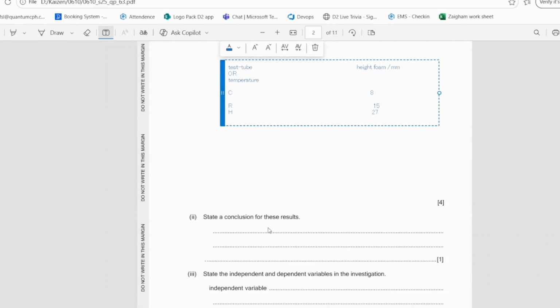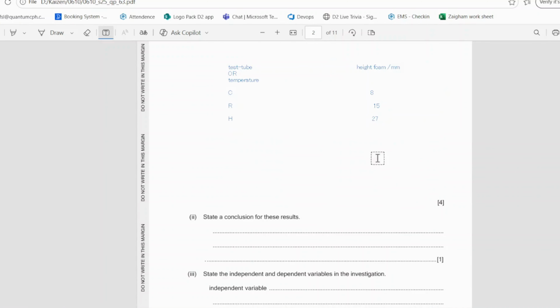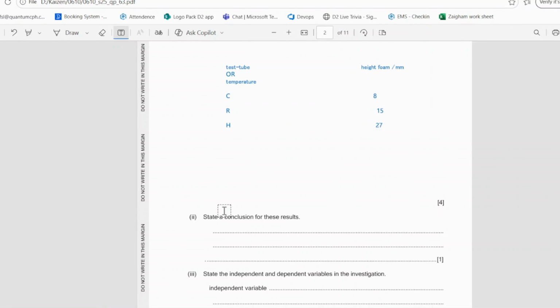The next one is state a conclusion of this result. Can we write, higher the temperature?